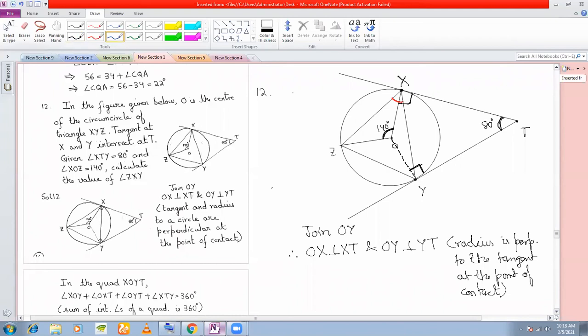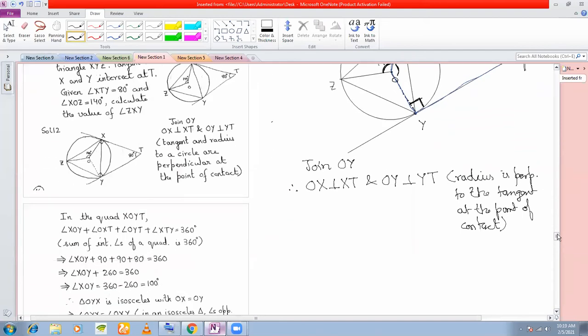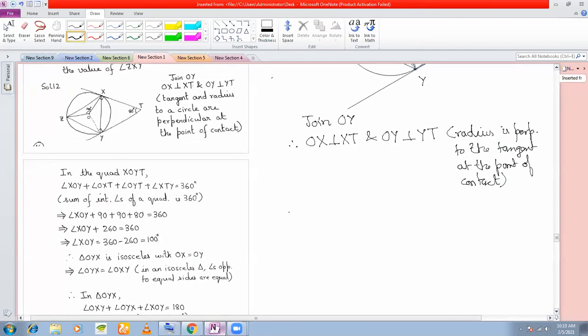Now if you look at this quadrilateral XOYT, you see that you know three angles in this quadrilateral. That means you can find out the fourth angle here. This is not a cyclic quadrilateral.